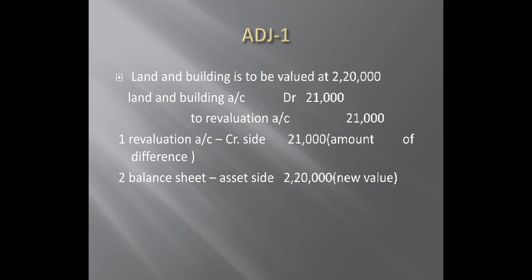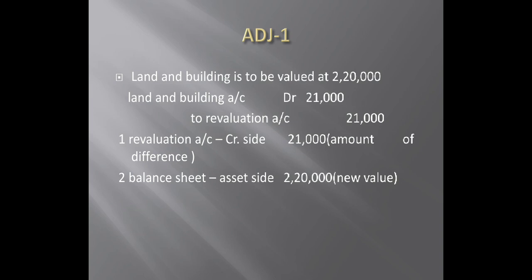We are posting this journal entry in revaluation account on the credit side with 21,000 rupees. I repeat, this is given in your textbook, and if you have prepared the formats in your fair books, you can directly write there, or else you can check the solution in your textbook. After journal entries, ledger accounts have been prepared. This is the first effect for the first adjustment.